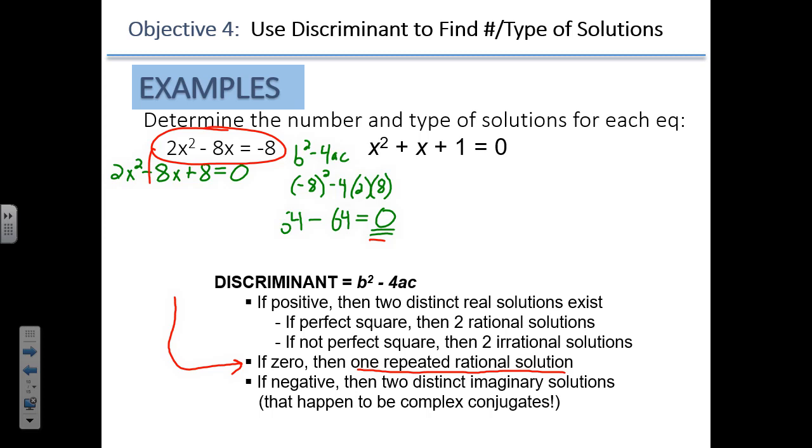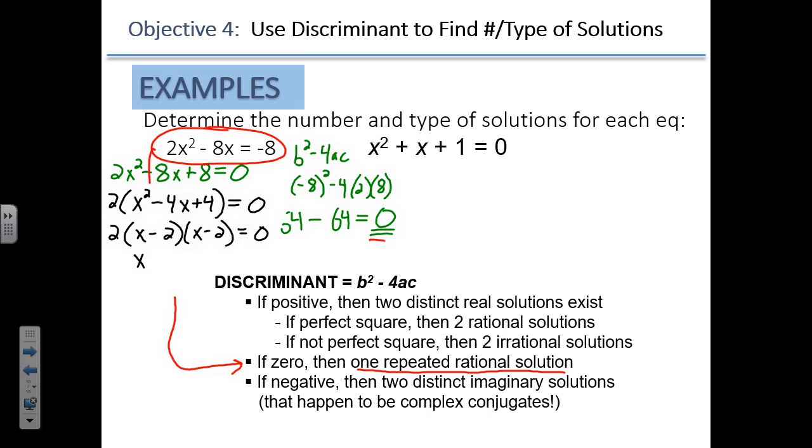If we solve this quadratic by factoring, you could factor this into 2 times x squared minus 4x plus 4 equals 0. But that factors again and we get 2 times (x minus 2) times (x minus 2). Now you tell me, what are the solutions to this equation?